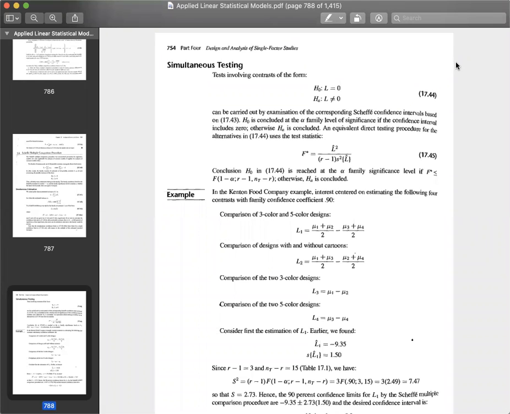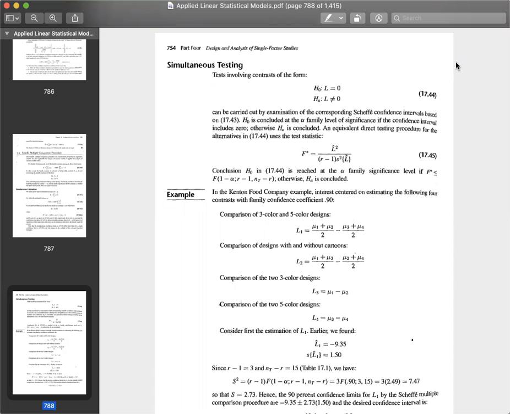Simultaneous testing. Tests involving contrasts of the form the null hypothesis L equals 0 and the alternative hypothesis L does not equal 0 can be carried out by examination of the corresponding Scheffe confidence intervals based on 17.43. The null hypothesis is concluded at the alpha family level of significance if the confidence intervals include 0. Otherwise, we reject the null hypothesis.